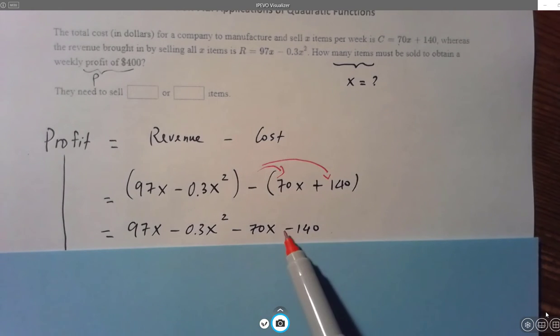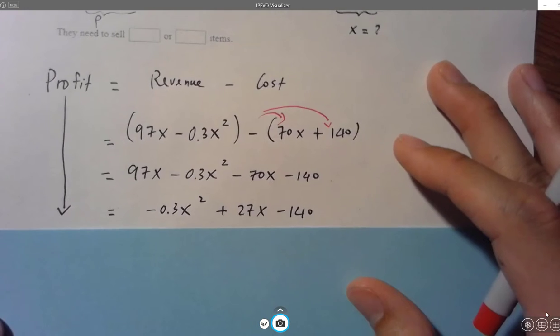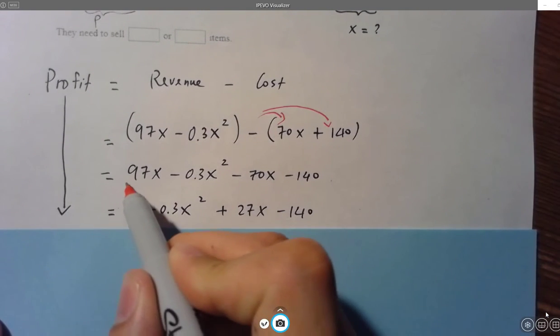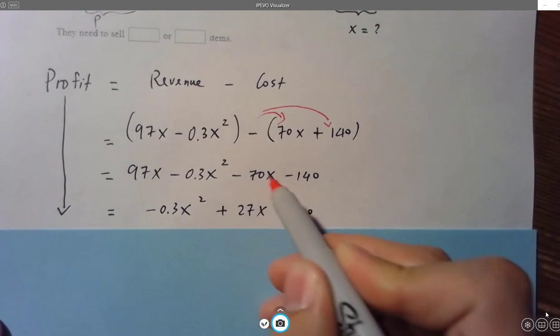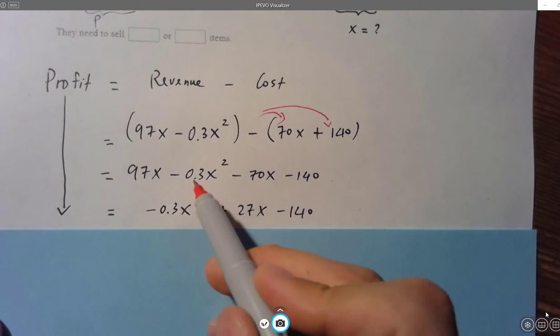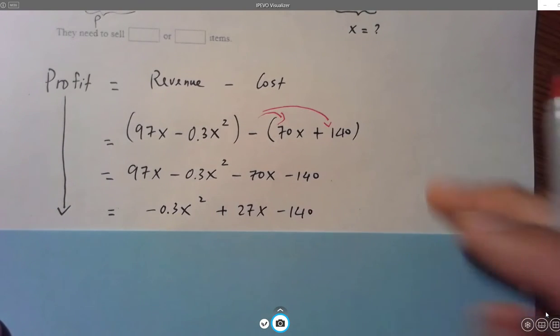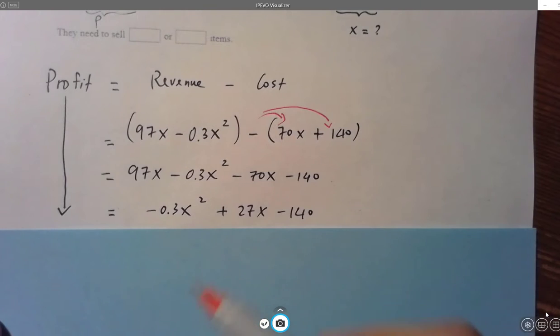Then I do the subtraction and combine like terms. 97x combined with minus 70x becomes plus 27x, and minus 0.3x squared I move to the front, and the number stays at the last position. I just want to write the function in the ascending powers 2, 1, and 0.